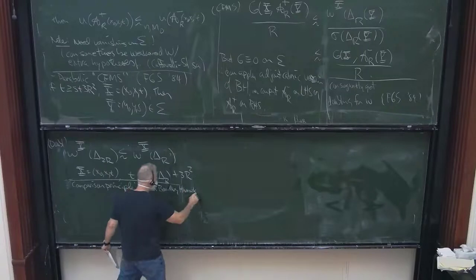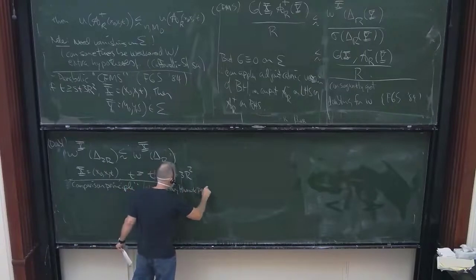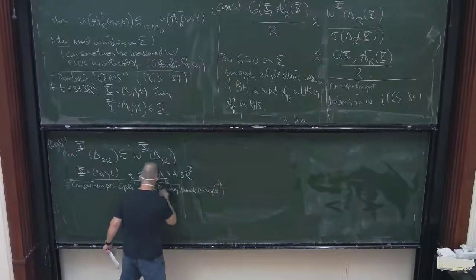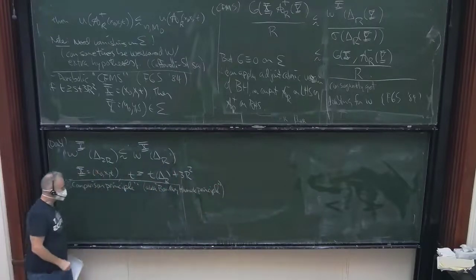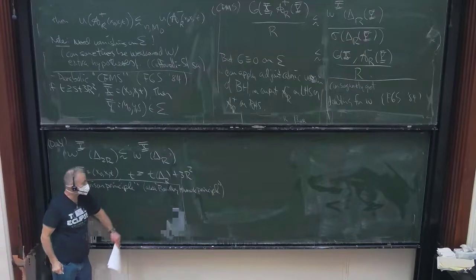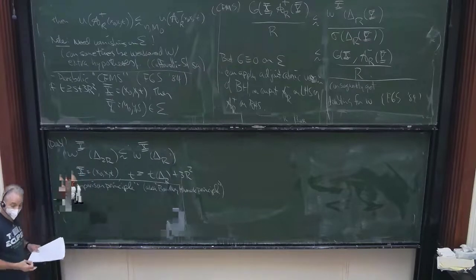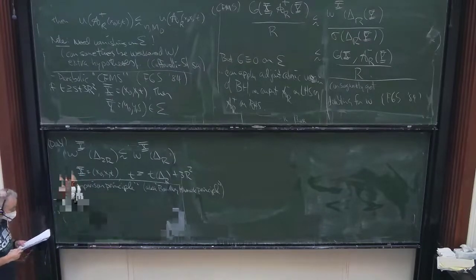Boundary Harnack, not to be confused with backward Harnack. That's possibly a source of confusion because this is often written BHP, and I'm using BH to denote backward Harnack. I hope that doesn't confuse too much.